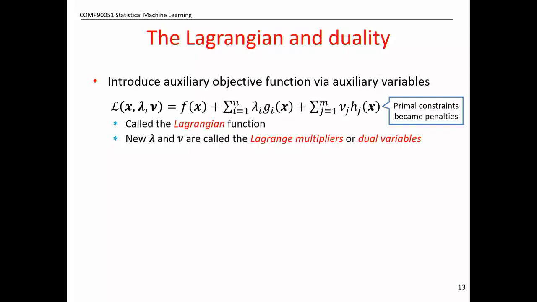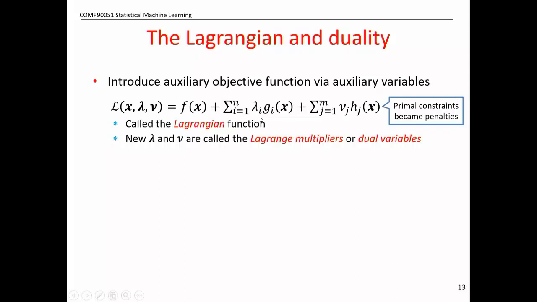So we now no longer have hard constraints, we have soft constraints. So it might be okay to violate them, but we want to penalize. And we might penalize by so much that you don't violate them. And we want to have some kind of currency exchange rate for penalizing constraints versus doing well on the objective. Let's call that currency exchange rate lambda and nu. It looks like a V, but it's a Greek symbol nu.